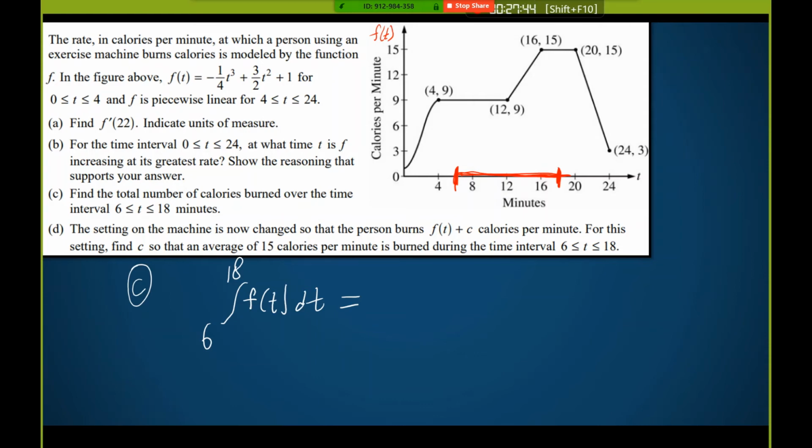Kelly, I'm going to stick with you for the first shape, and then I'll move to the next person. So from t equals 6 to t equals 12, what shape can I use to get the area? Rectangle. Okay, so that's from 6 to 12.